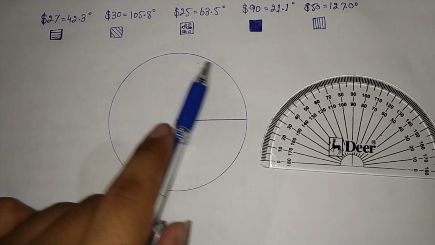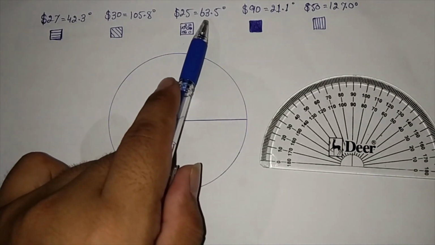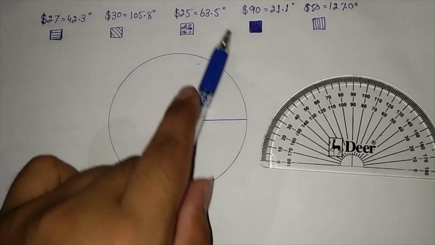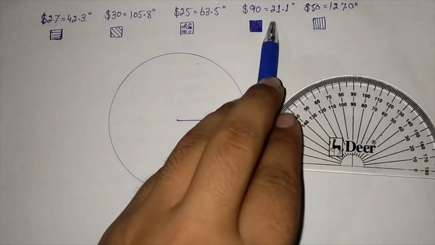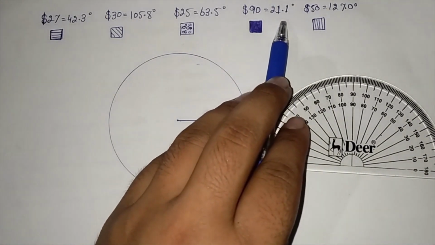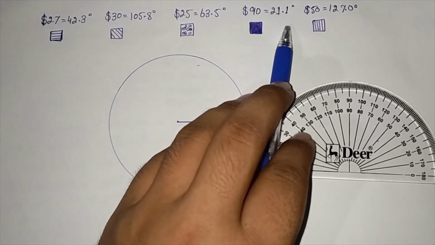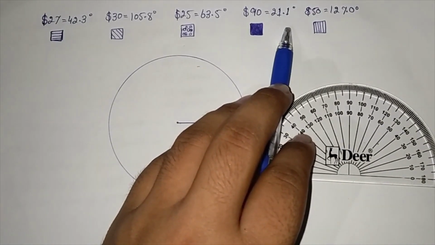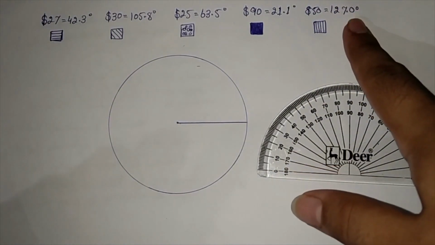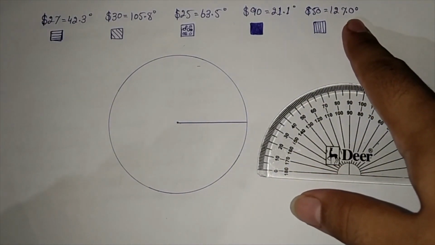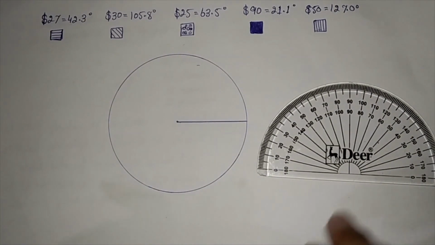Here we have 63.5 degrees, so we can write it as 64 degrees. Here we have 21.1 degrees, so we can write it as 21 degrees only. And here we have 127.0 degrees, so we can write 127 degrees.